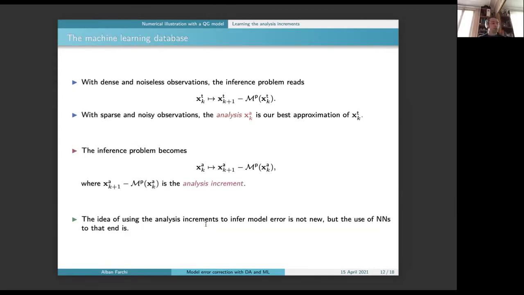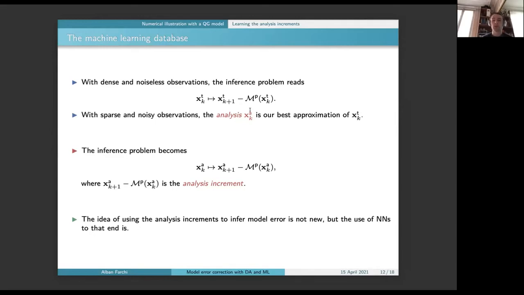So now it's time to do the machine learning step. If we had dense and noiseless observations, our inference problem would be to predict the relationship between the true state and this quantity, which is the true model error.